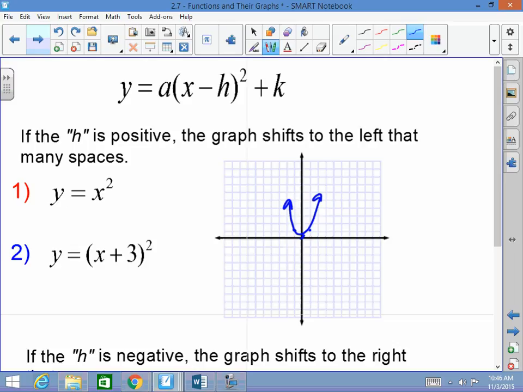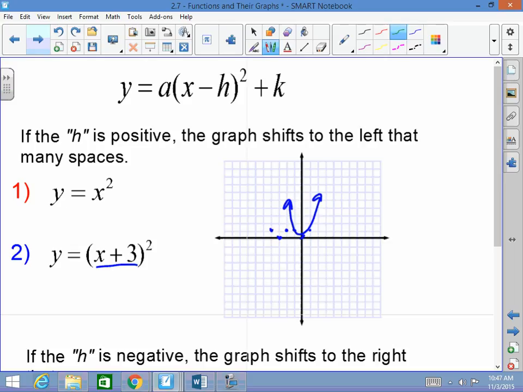H shifts the graph left or right. When I have a negative here, I go to the right. When I have a positive, I go to the left. So I have x plus 3 here, right? So literally, guys, pay attention. You literally go 1, 2, 3 to the left, 1, 2, 3 to the left, 1, 2, 3 to the left.